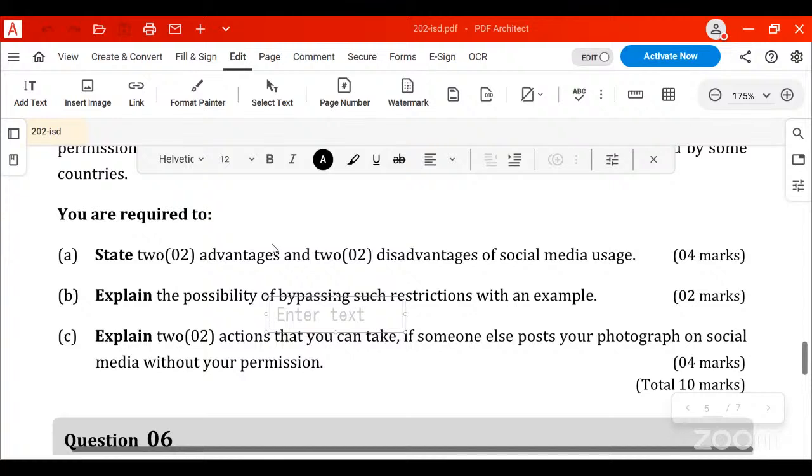There is a special division in the police for these cyber crimes. Or we can directly contact the poster and politely request the individual to remove the photograph. If they refuse, legal action may be pursued, depending on the jurisdiction and the platform's policy.